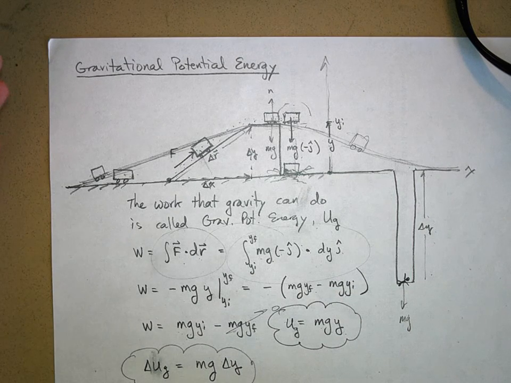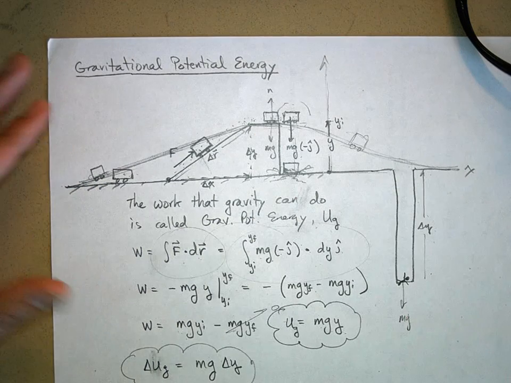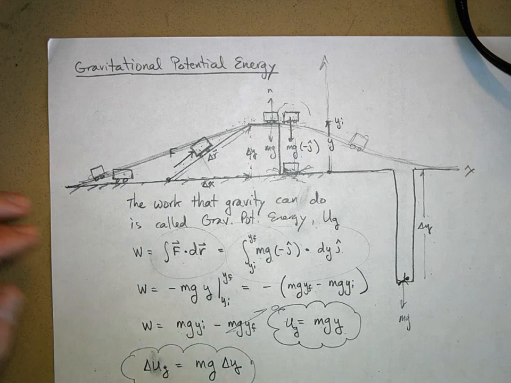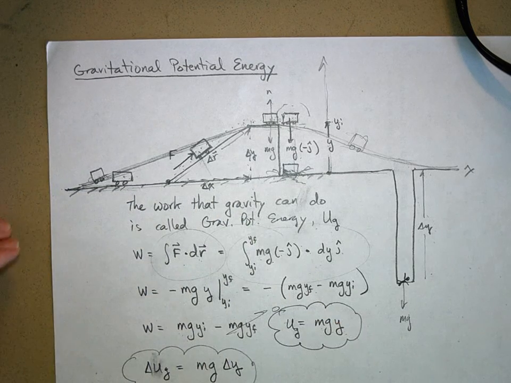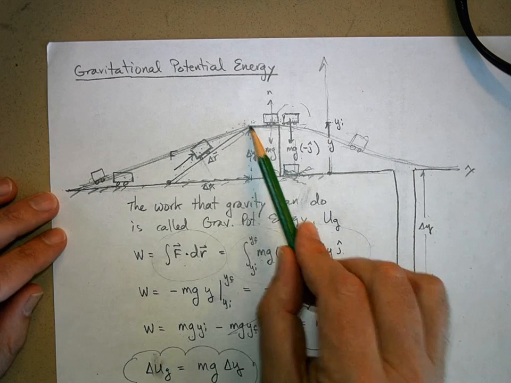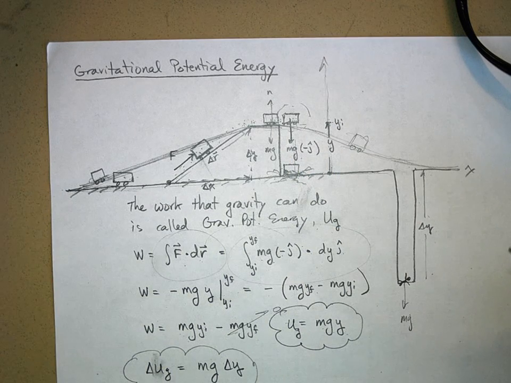But look at my delta Y. It's the same once I get it up to the top. So it didn't matter that I doubled delta X. Delta Y is the same, and that's what determines how much work gravity did getting it up to the top, and that determines how much work gravity can do when it falls back down to the bottom.